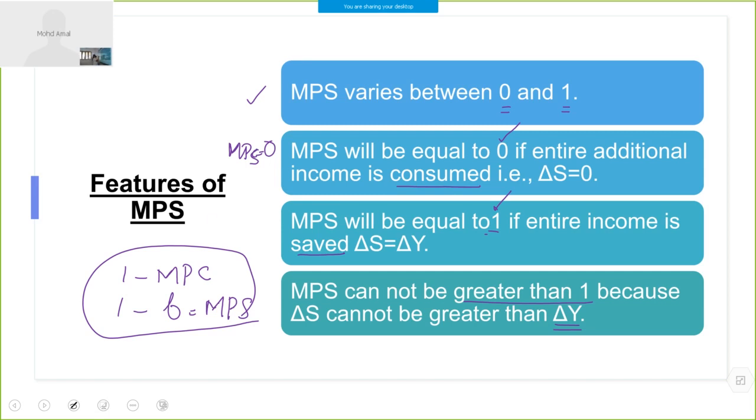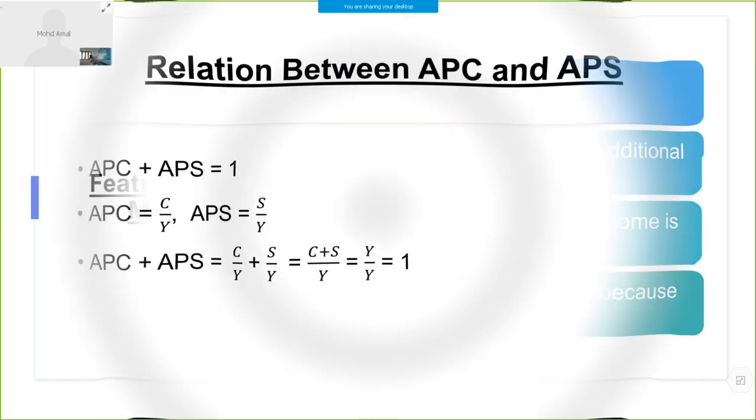Then MPS will be equal to 1, if the entire income is saved. Then the next feature, MPS cannot be greater than 1 because additional saving cannot be greater than additional income. These are the features of MPS. Okay, so the features of MPC and MPS are completed.